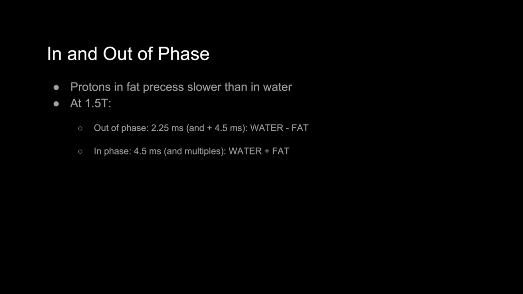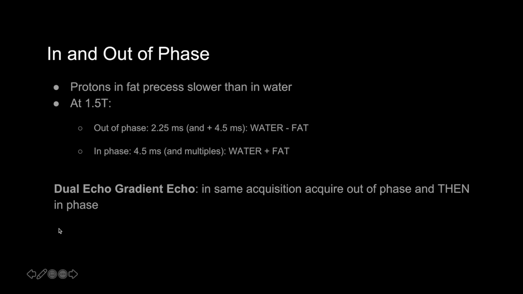Practically speaking, for imaging, this means that any voxel, or volume pixel, or little cube of tissue that has both water and fat hydrogen nuclei in it is going to look bright on the in-phase images and dark on the out-of-phase images. We perform these with a dual echo gradient echo. So it's just like the fast gradient echo that we showed you earlier, but we collect both of these echoes at the same time in the same acquisition.